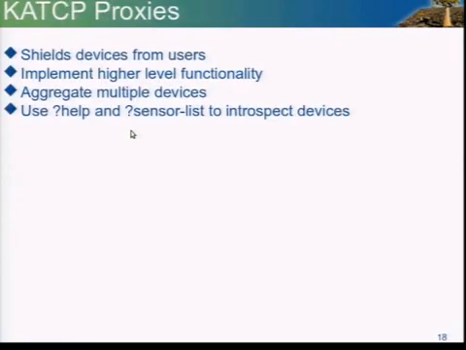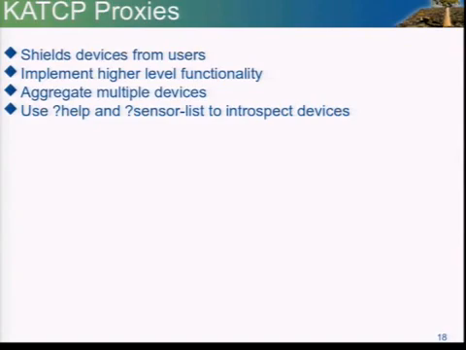So, apart from the basic CatCP devices, we use a thing called proxies. They sit between the devices and the users, and they basically shield the device from users. For instance, many of the devices are implemented as small embedded processors, and they can only handle one concurrent connection, so the proxy makes it possible for multiple clients to talk to the device.